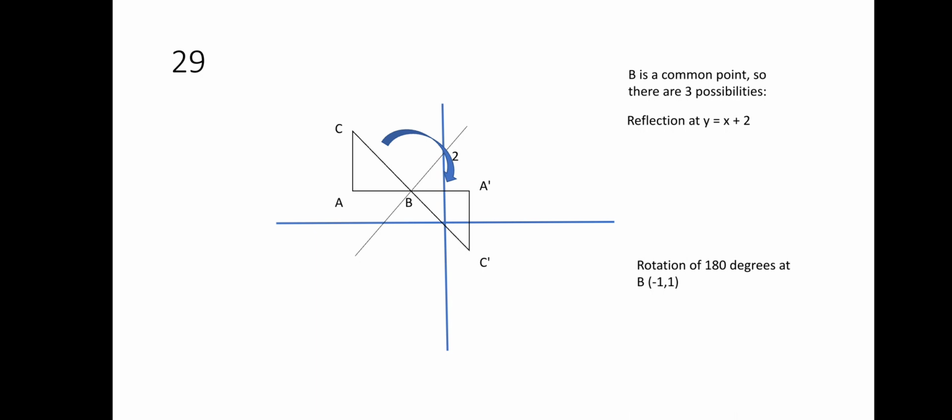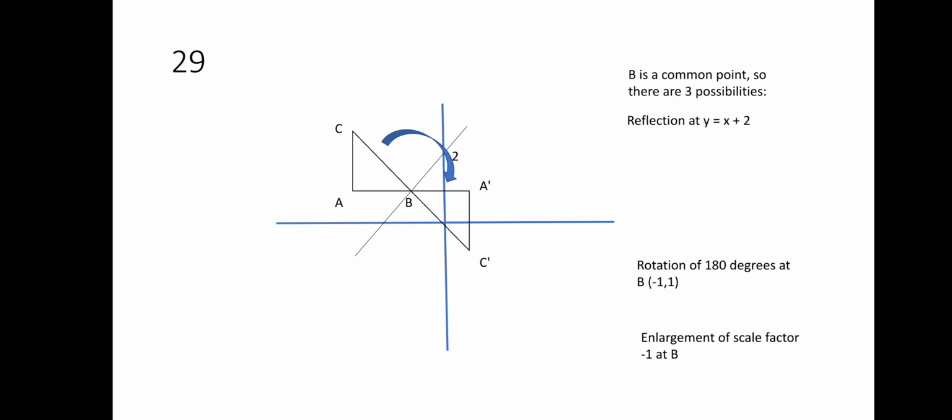And then there's also a third possibility, and that's to enlarge this triangle by a scale factor of -1 at B. Because it's a negative scale factor, the triangle gets inverted, and because all the sides are of equal length, the magnitude of the scale factor is 1.